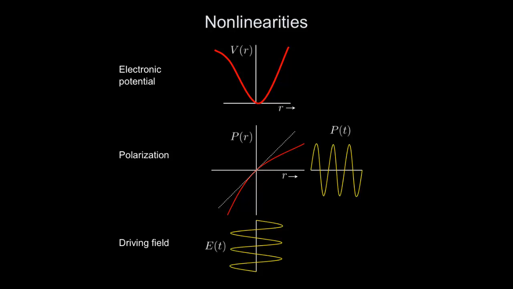Okay? For fields here, it still looks very linear, but the farther you push them out, you start sensing this area here and the kind of curvature here, and you see actually this nonlinear dependence between the equilibrium position of the electrons and the polarization that you create. So now, what happens is, if I now start coming in with a field and I drive these things out very well, on one side the electron goes farther out than I expect, on the other side less far, and consequently the polarization looks a little different.